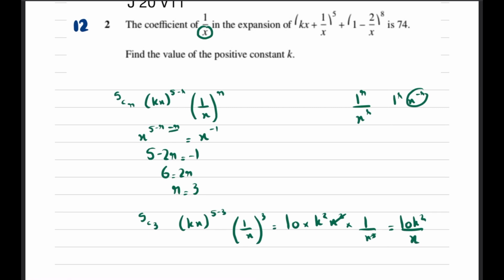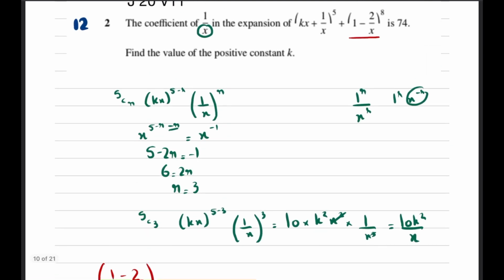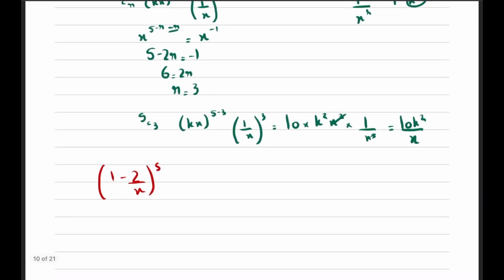Now let's find out the 1 upon x coefficient of this one. So it's 1 minus 2 upon x power what, bache? 8. So it's going to be 8Cr, 1 to the power 8 minus r, minus 2 upon x power r. So if x comes in the numerator, it becomes minus r.